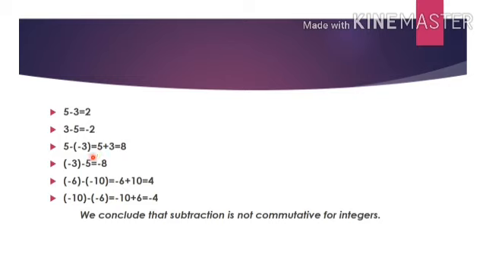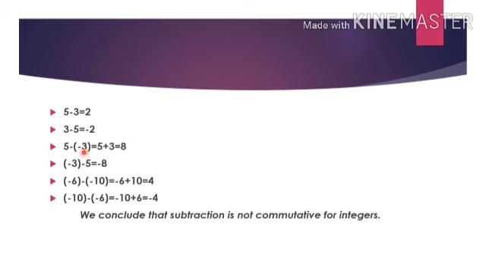We add the integers and put the sign of negative. 3 plus 5 is 8, and putting the sign of negative, we get minus 8. Once more, if we consider 5 and minus 3, 5 is a positive integer and 3 is a negative integer. Two negatives come together, it becomes positive. We get 5 plus 3, which is 8.